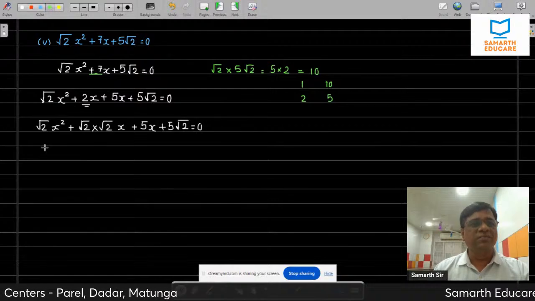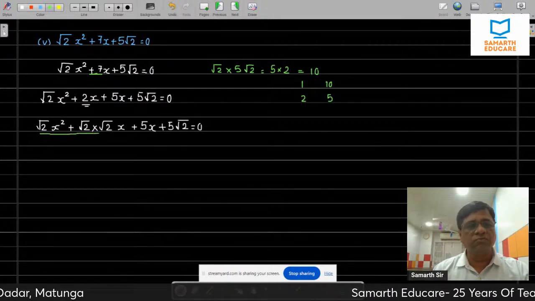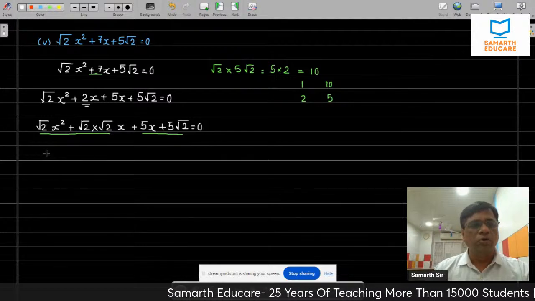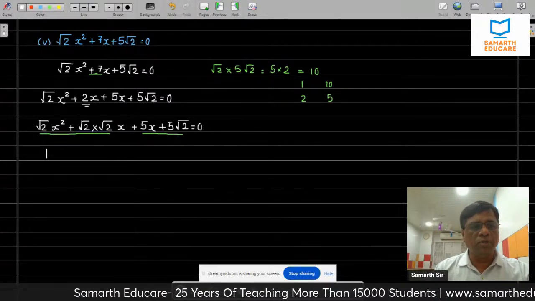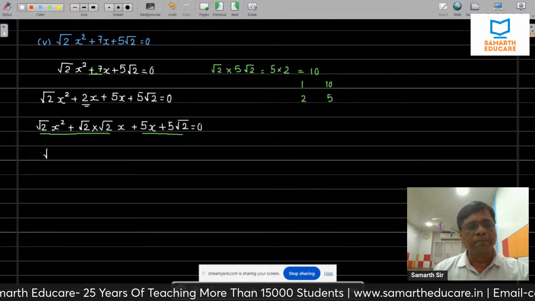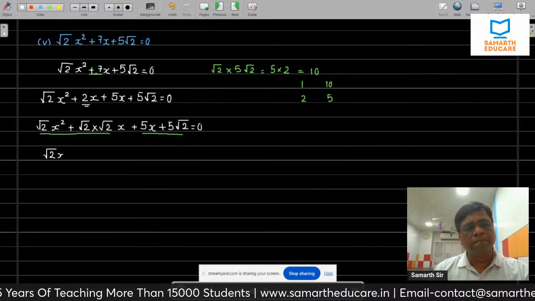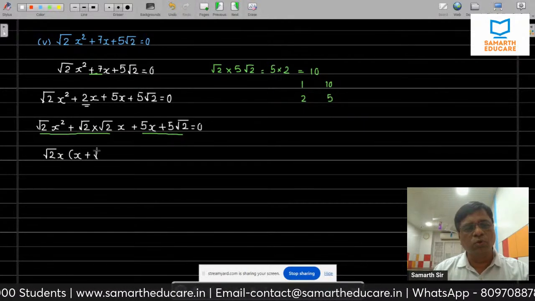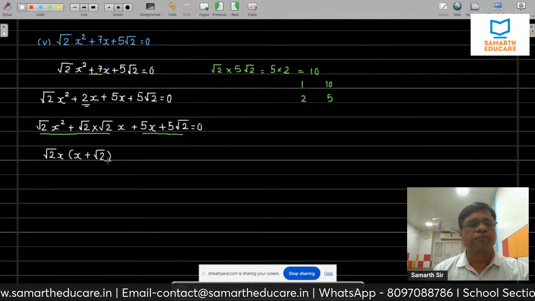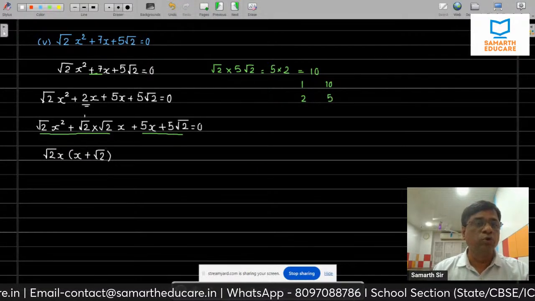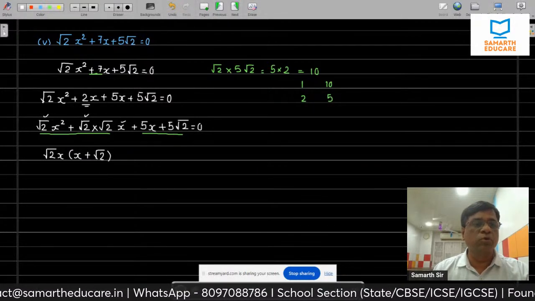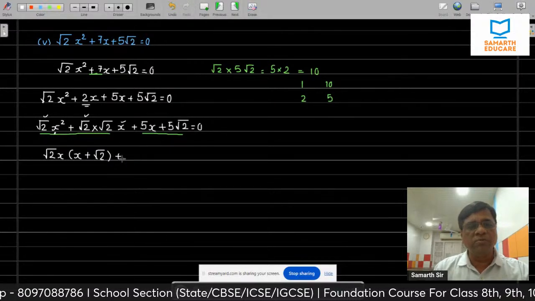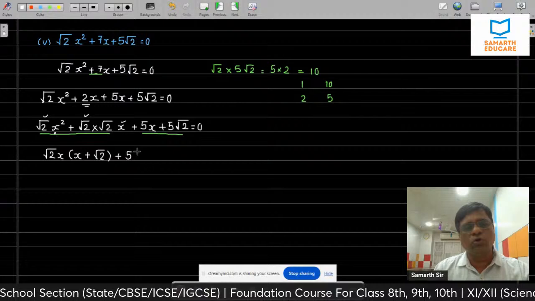Now let us make two parts. This is the first two terms and this is the next two terms. Now root 2x, if I take common, inside the bracket x plus root 2. Because root 2 x is common, and one x comes out from the bracket. From the remaining terms, I will take 5 common.